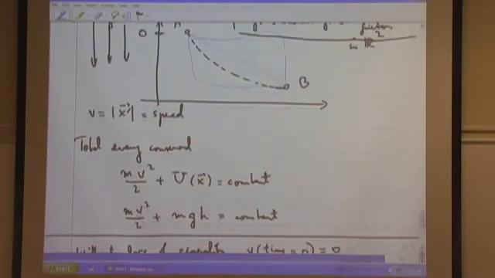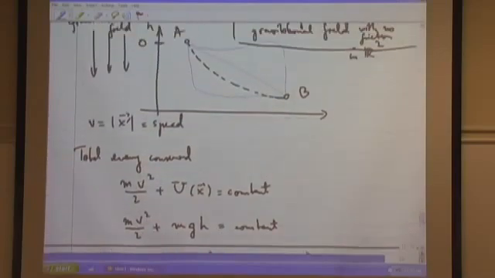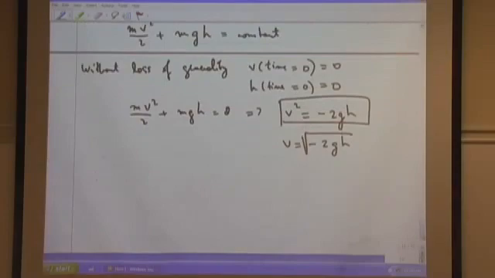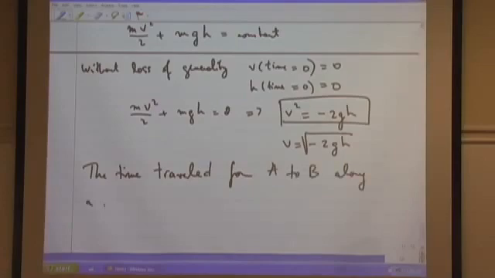Okay. So how do we set up this as an optimization problem? Well, we'd like to express the time traveled from A to B along a path, let's say x is x of t.